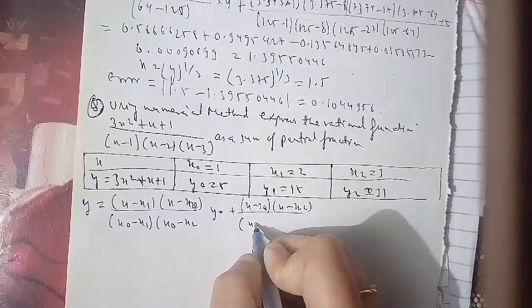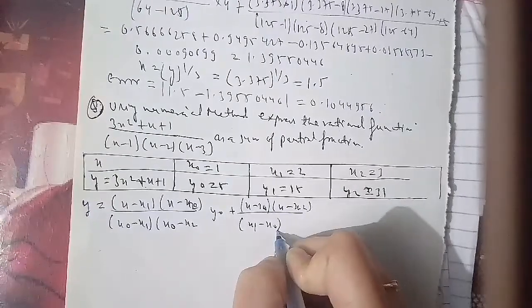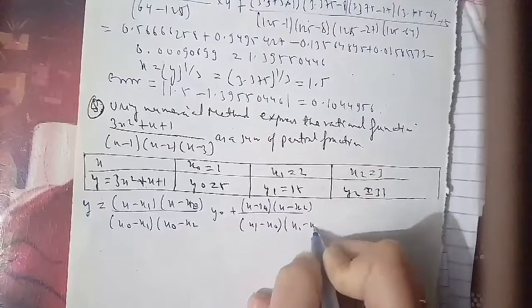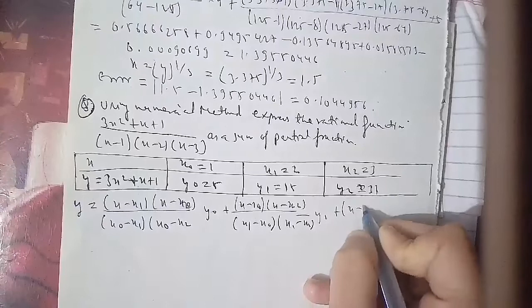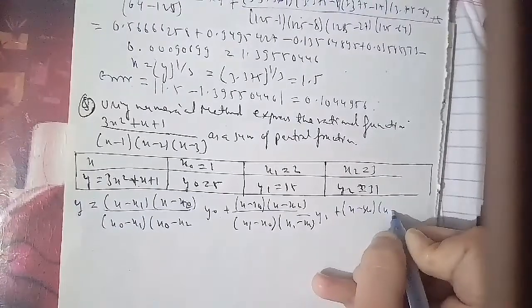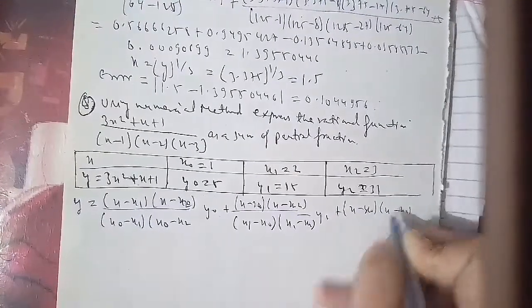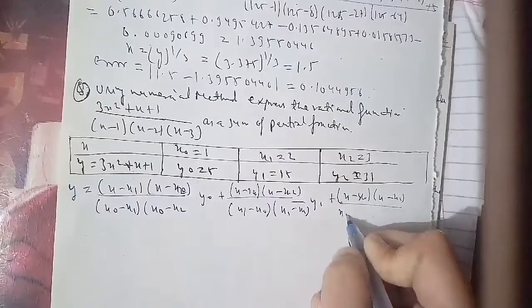Further solving, it will be 5 by 2 (x minus 2)(x minus 3), minus 15 (x minus 1)(x minus 3), plus 31 by 2 (x minus 1)(x minus 2).